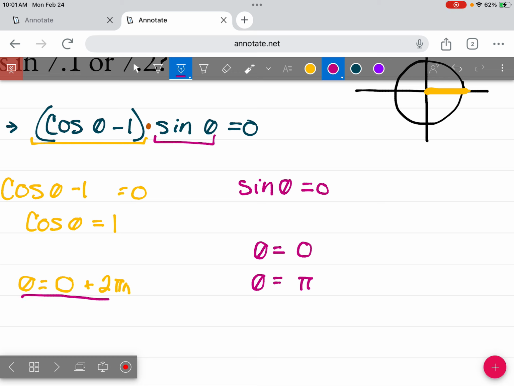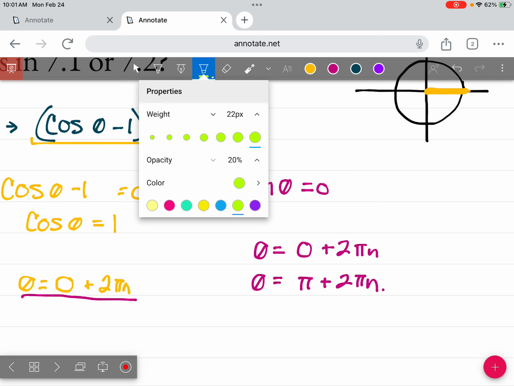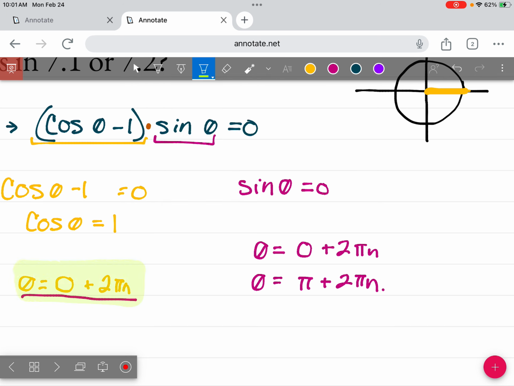We've already got 0 included, so we still know it's going to be 0 plus 2 pi n. And we can have our pi plus 2 pi n. And the 2 of them are exactly the same, so I don't need to write it twice. And I'm 100% happy if you guys write your answer like this, separated. We have our theta equals 0 plus 2 pi n and pi plus 2 pi n.